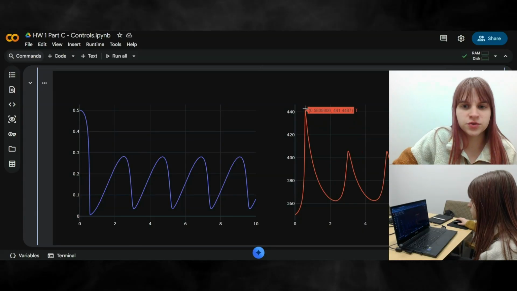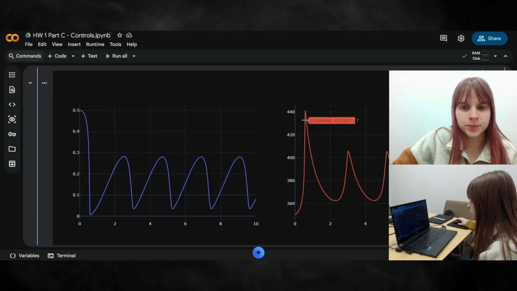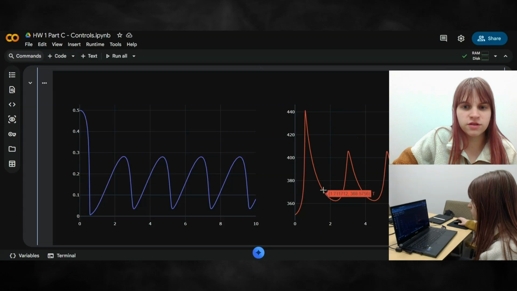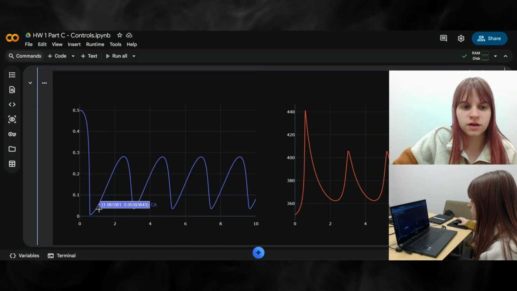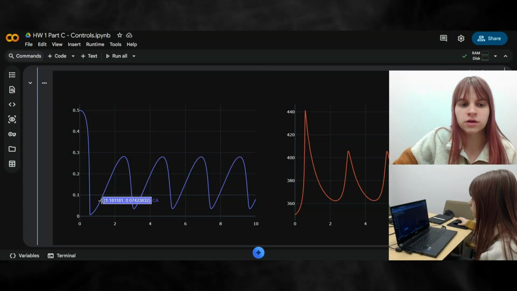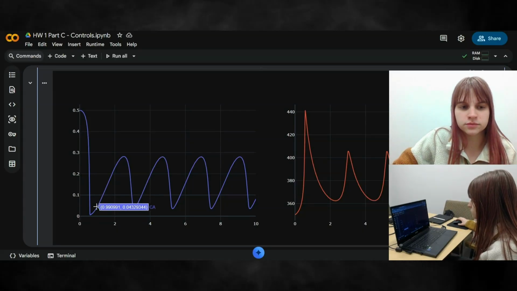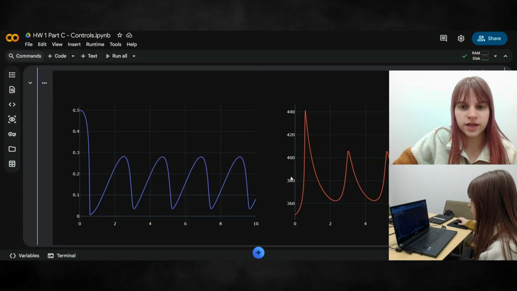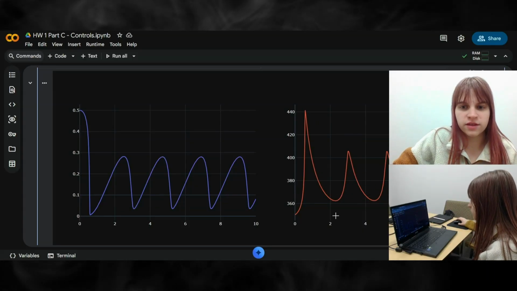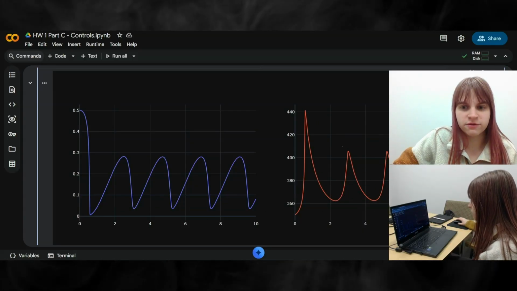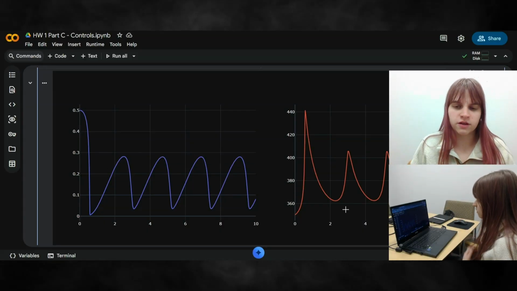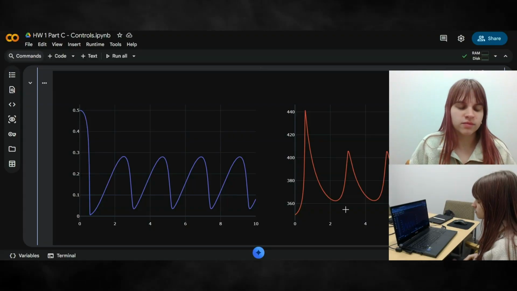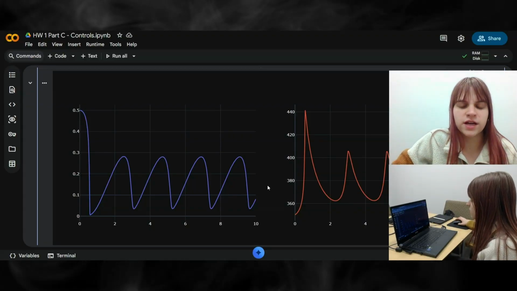So when we get to this point, the temperature starts dipping back down again, and that is because the concentration of A is so low that it is not proceeding. And so you get these dips and valleys that are kind of opposing each other just because of the duality of the concentration of A and the temperature.